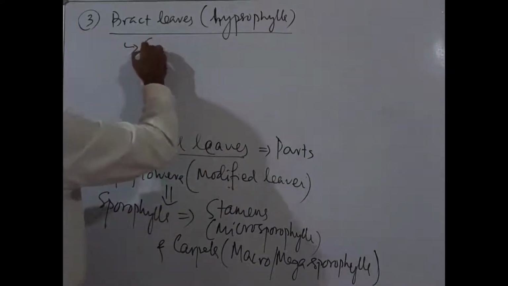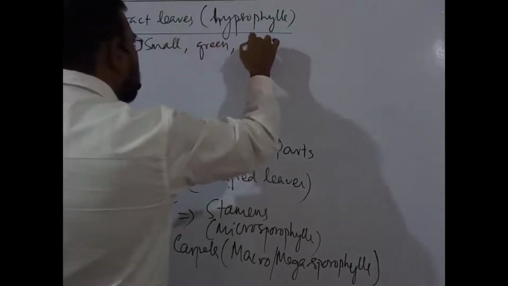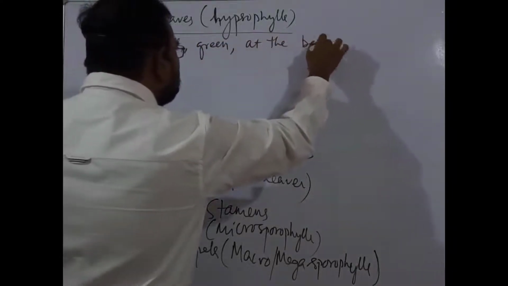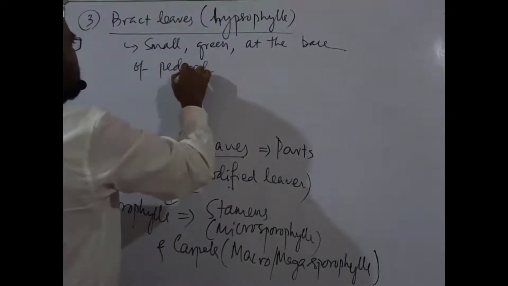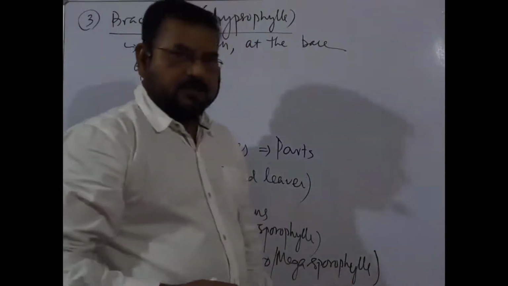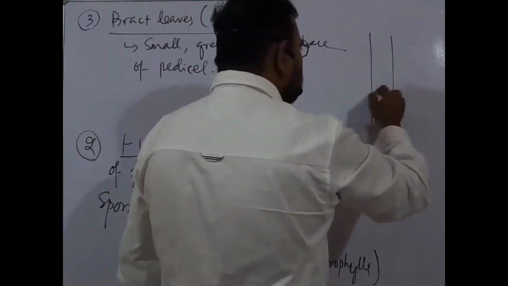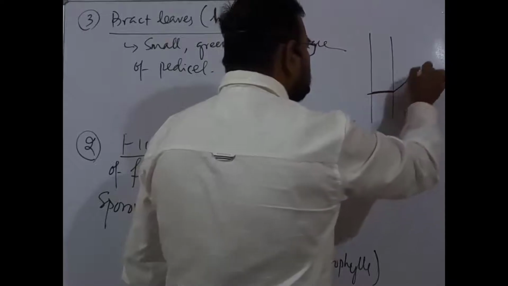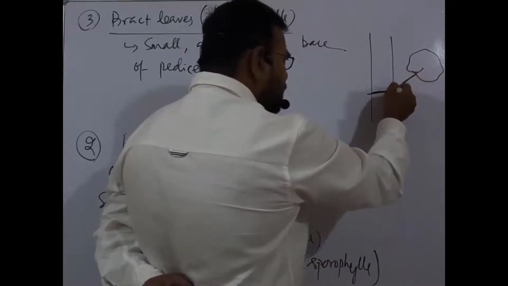So, small and green, at the base of the pedicel. You know the pedicel? Pedicel is the stalk of the flower. Suppose this is a stem and here is a node, and this is a flower. This one is known as the pedicel.